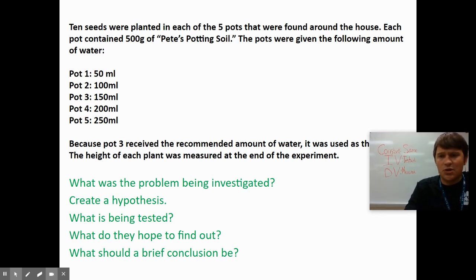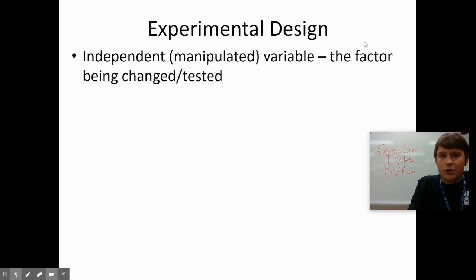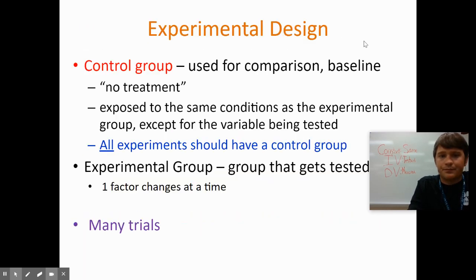Some other examples could be we only used pots, we didn't use pans or cups or bowls as our device or our instrument to hold the soil. Another one could be, this one's maybe a stretch, but you could say, technically they're close to the house, so maybe the weather was the same because it says here around the house. That one's a bit of a stretch though, take it or leave it.